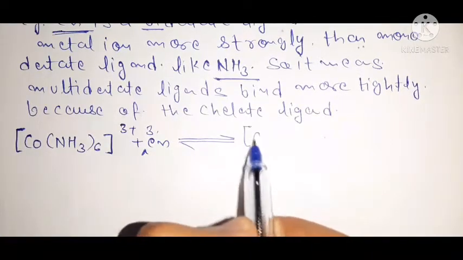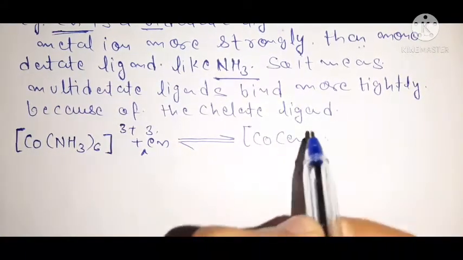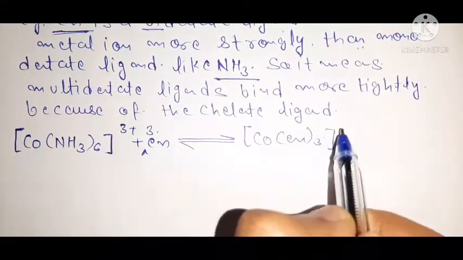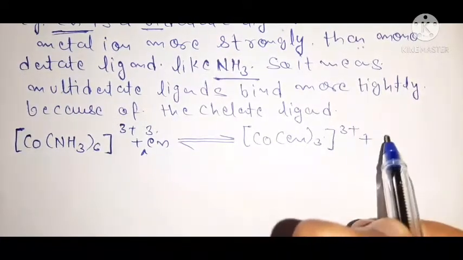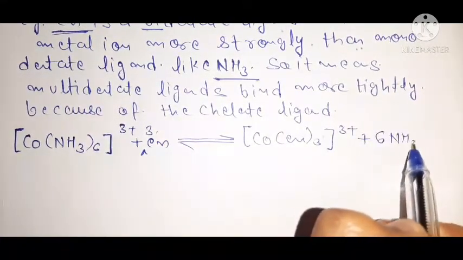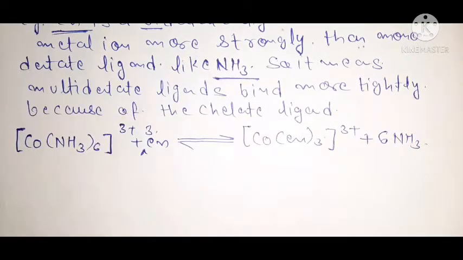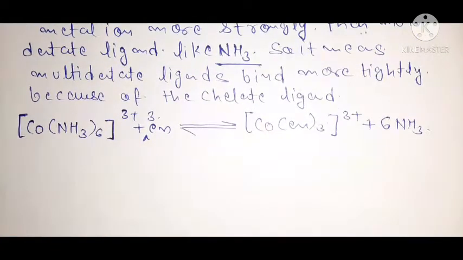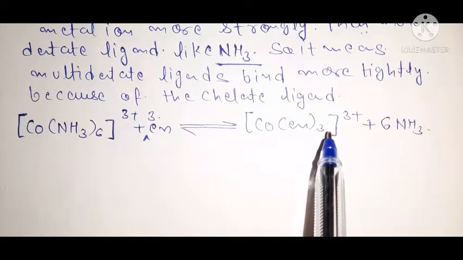So here, this is the substrate and this is the final product. So in the final product we have 3 chelating ligands.